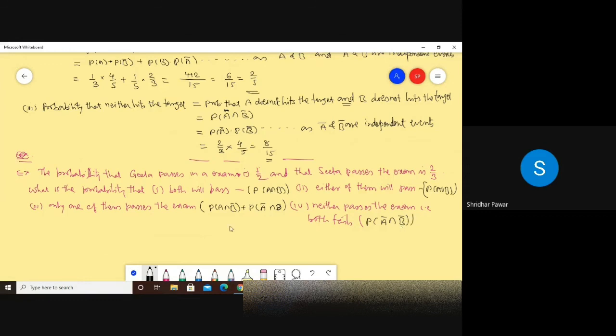Okay, so this is how we can deal with the probabilities of these events. Okay, so this is all about the use of addition rule, independent events and complementary events for solving the problems on probability.